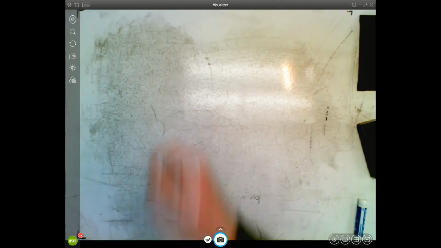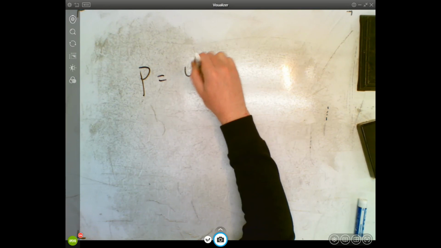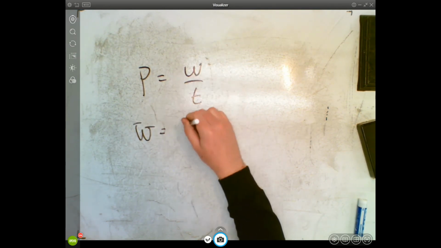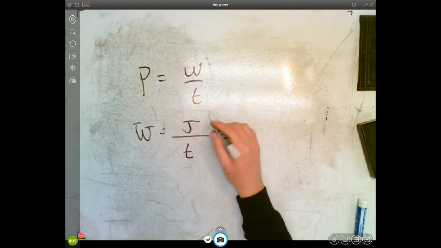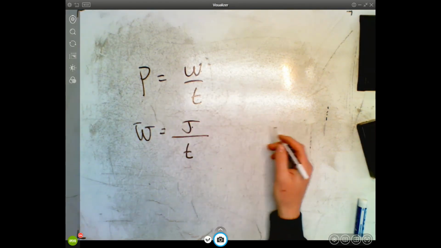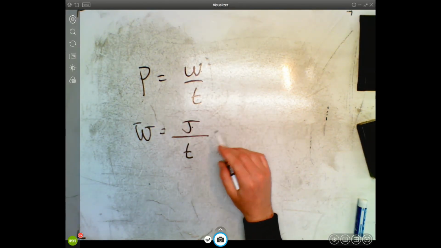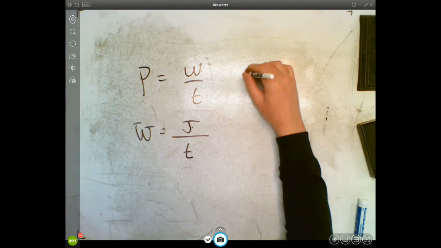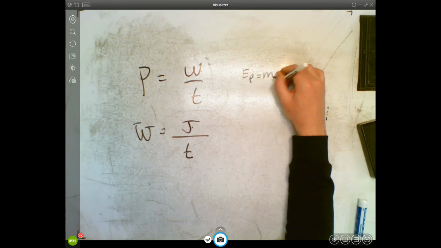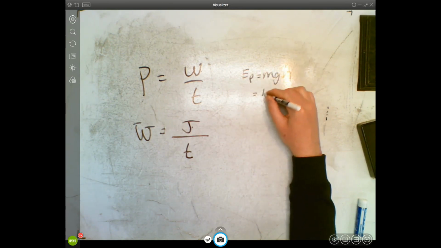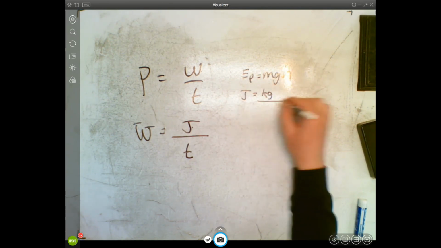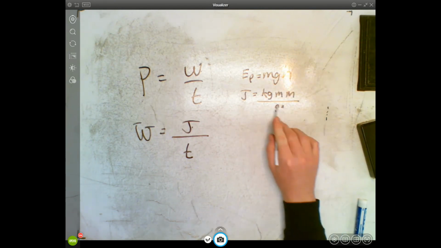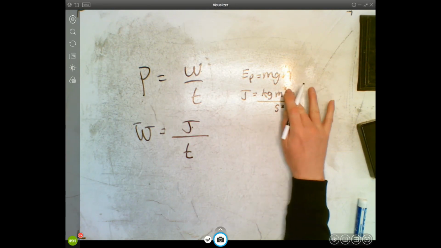Okay, so power equals work over time. So power is in watts, and then work is in joules, and that's over time. It wants the answer in kilograms, meters, and seconds, so I have to figure out what a joule is equal to. I'm going to use EP equals mgh, where mass is in kilograms, g is in meters per second squared, and height is in meters, and it's meters times meters, so I'm going to call that meters squared.